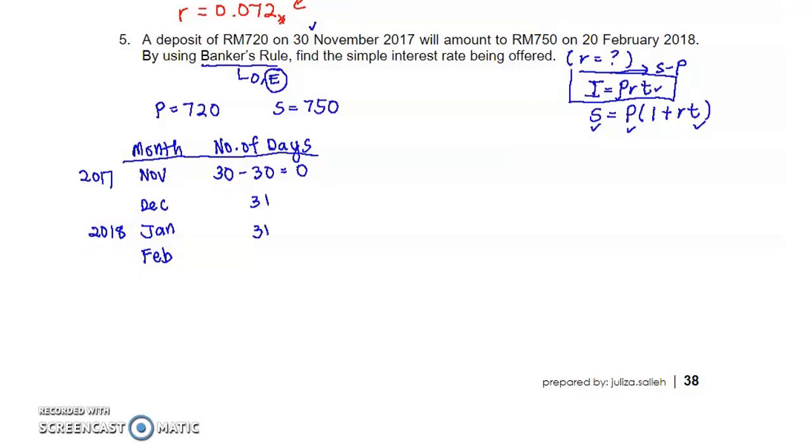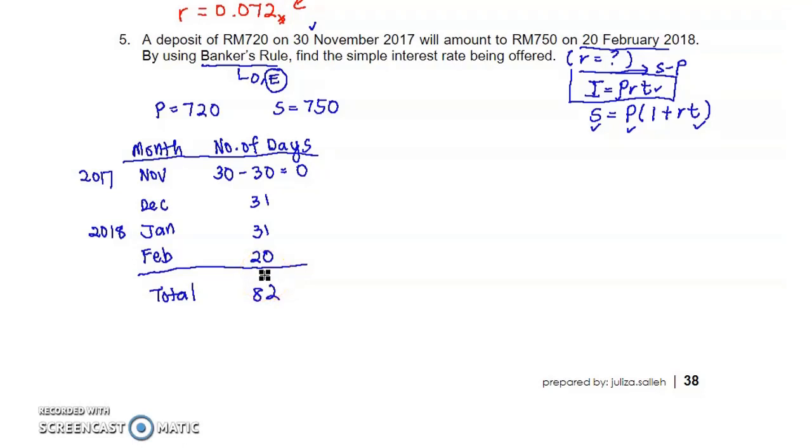Okay, but note here that the end date here is 20th February. So here will be 20th. Okay, we stop on 20th. Okay, total number of days here will be 31, 31, 62 plus 20, 82 days.